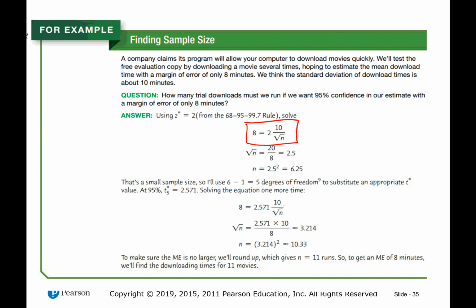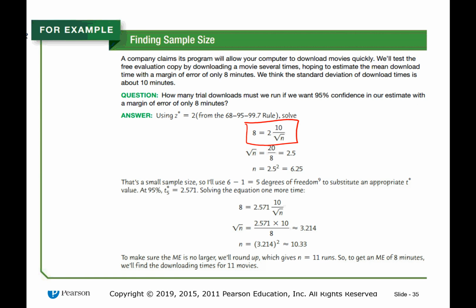So round that off to 6. That means we have 5 degrees of freedom to substitute an appropriate T star value. Again, we use the Z star up above just to give us a starting point here. So at 95%, the T star value with 5 degrees of freedom is 2.571.